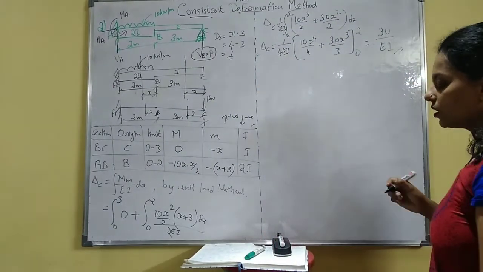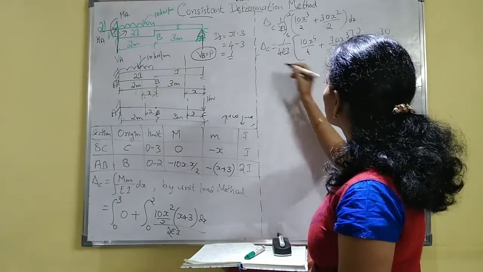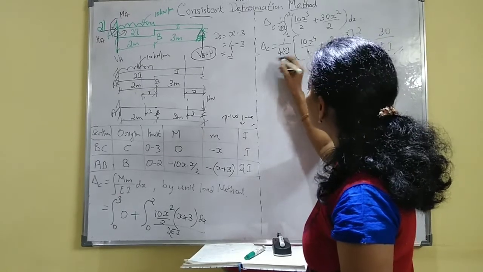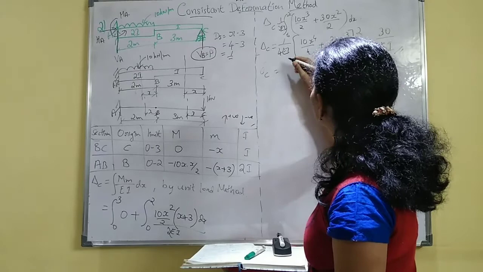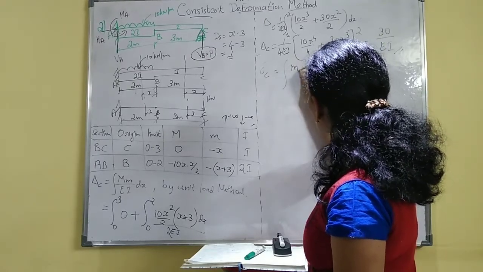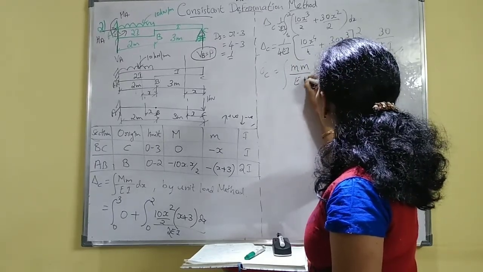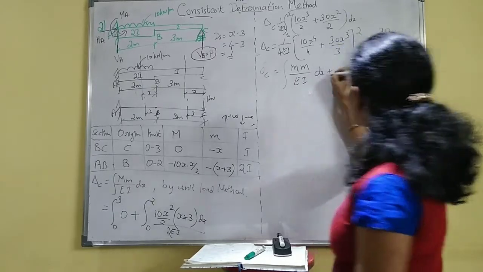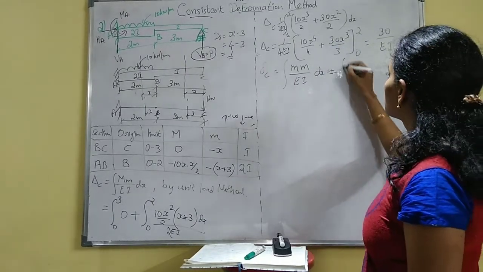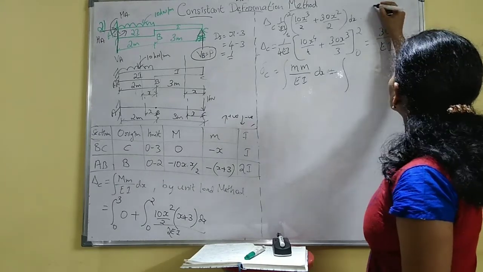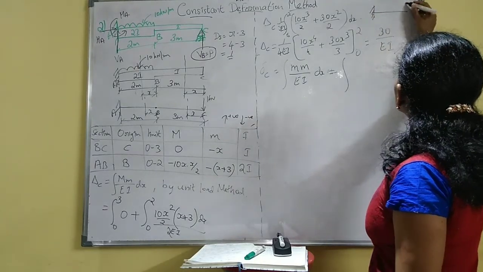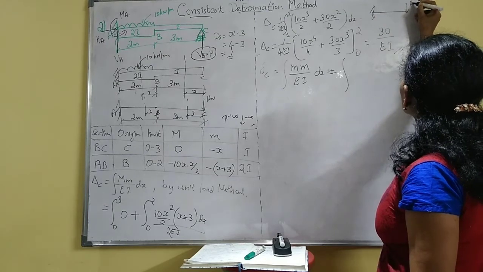Next step, remove all the load and apply the unit load. Directly you can find delta C equal to, the formula is now small m into small m divided by EI dx. This is your formula. So small m is the total 1 kilonewton.